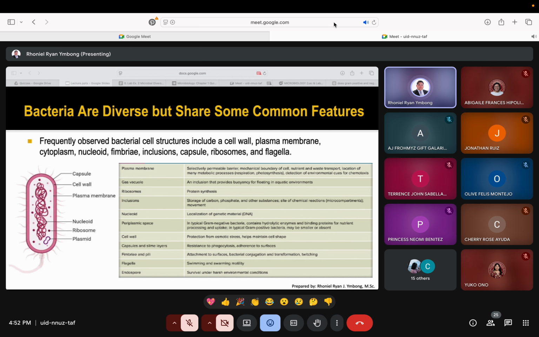And you have cytoplasmic projections that project outside, for example your flagella, your fimbriae and pili. So your flagella are for movement or attachment, and your fimbriae and pili are for attachment to other bacterial cells for genetic exchange.